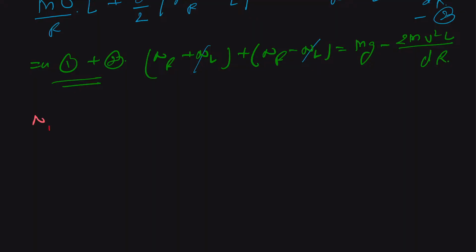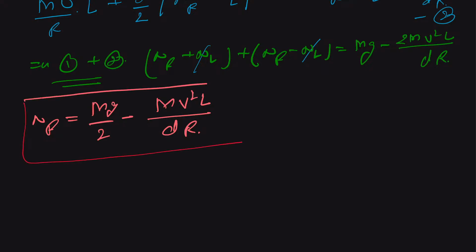So NR is equal to mg by 2 minus mv square L upon 2 cancels out, and this comes as dr. So this is the normal to our right foot.